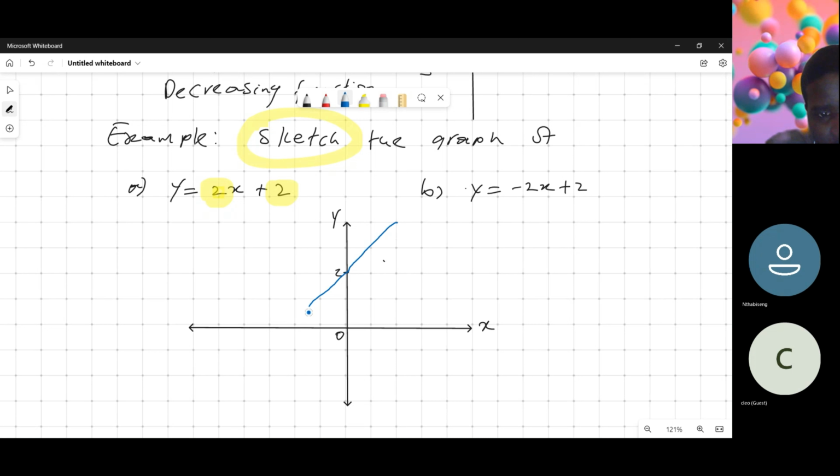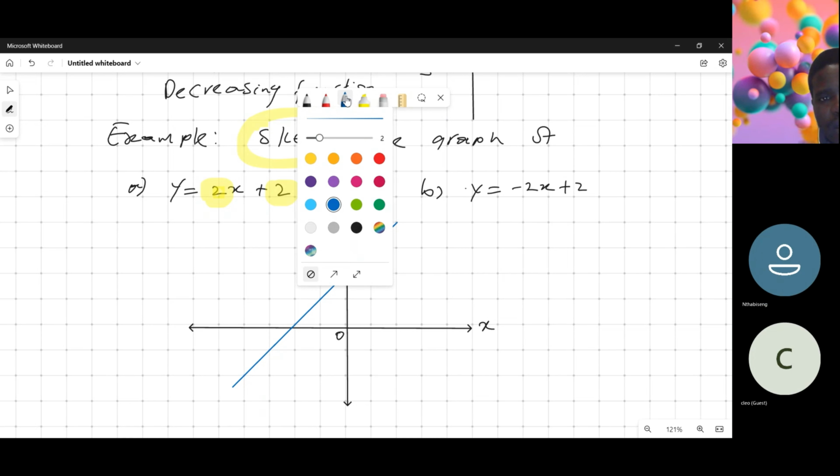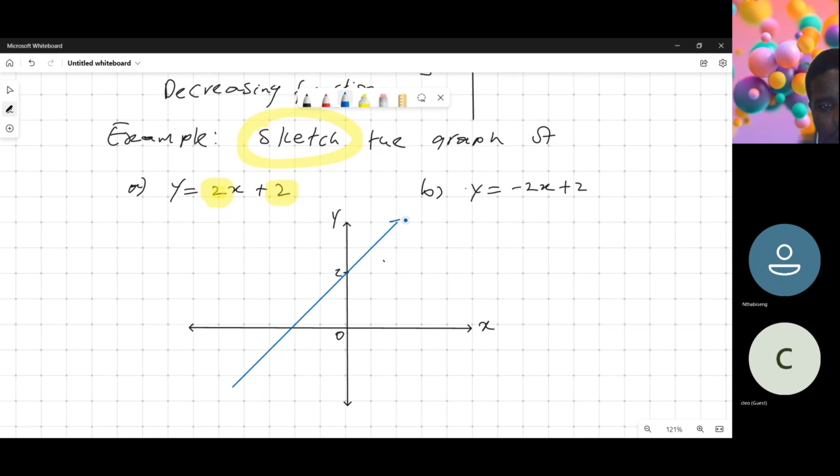Something like this. I can make it longer. Remember, this is a sketch, not an accurate drawing.